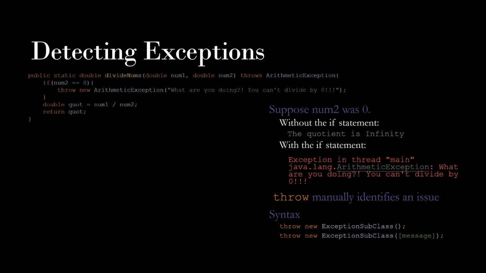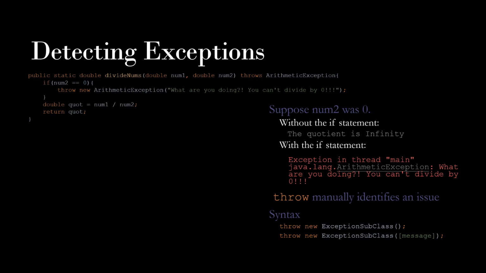If that divides by 0, that's undefined, so it's going to have a problem. The program ends. Without that if statement, the code says the quotient is infinity, which is not correct. It's undefined.